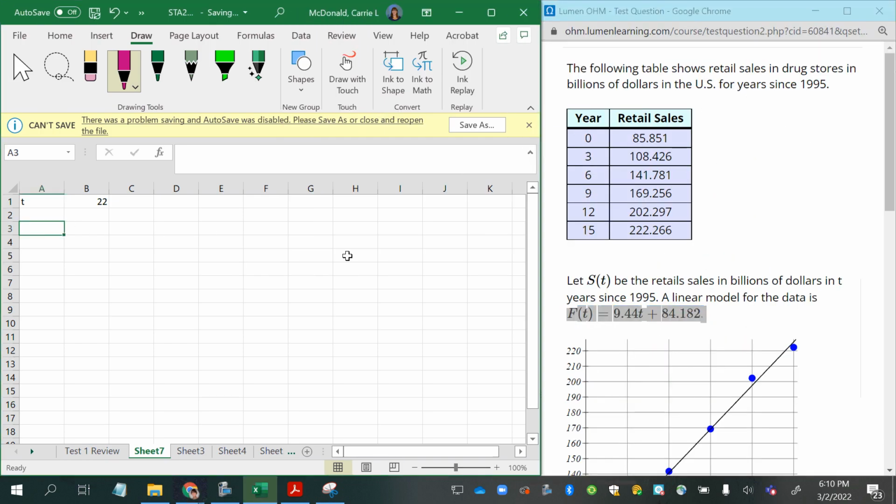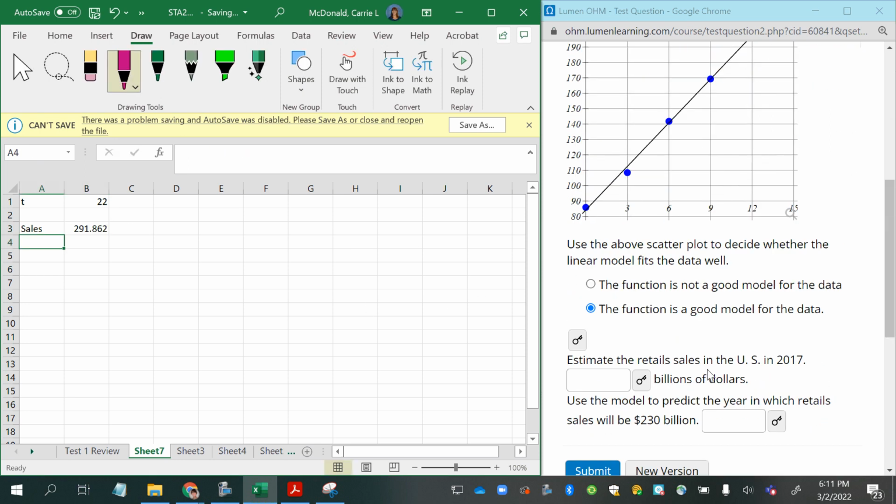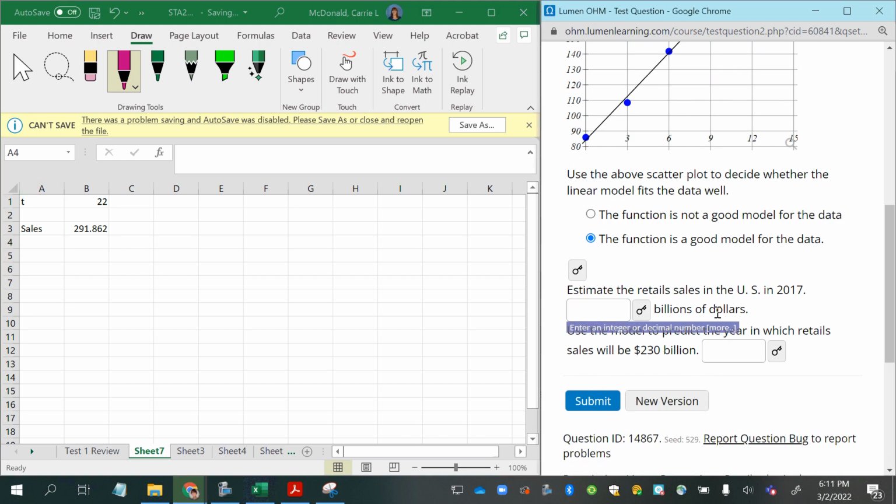So my sales would be equal to 9.44 times the t value, 22, plus the 84.182. Okay, so that's not too hard. And then it says to give it in billions of dollars. So I would probably put 292 there.